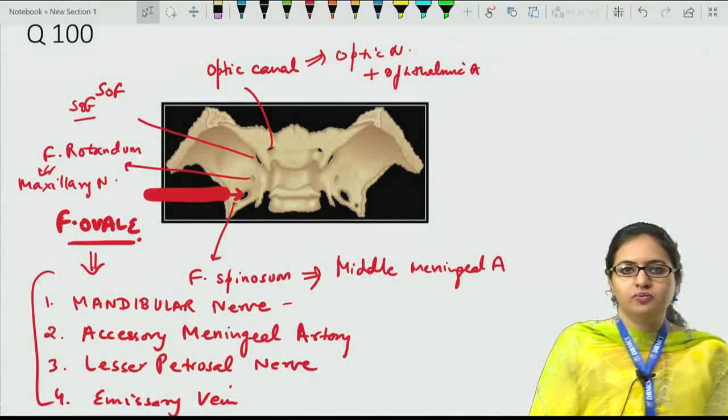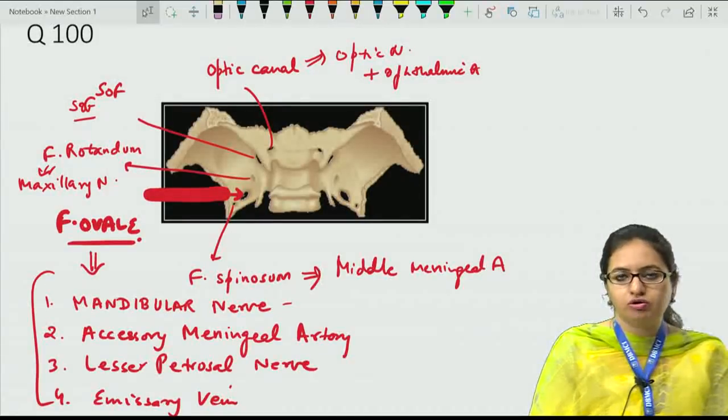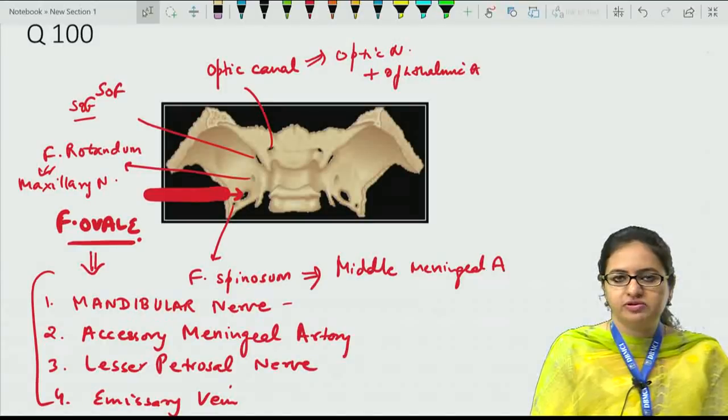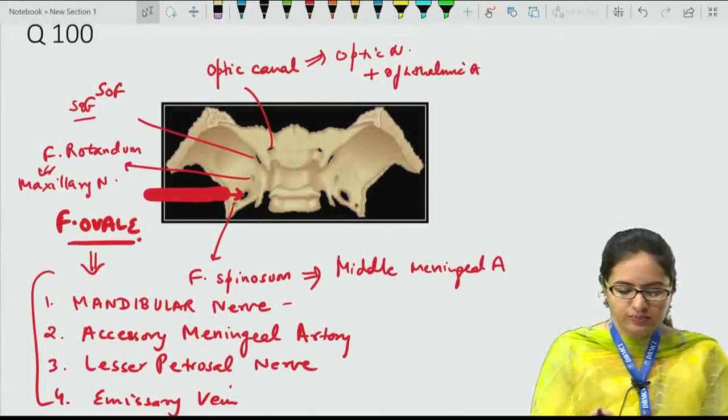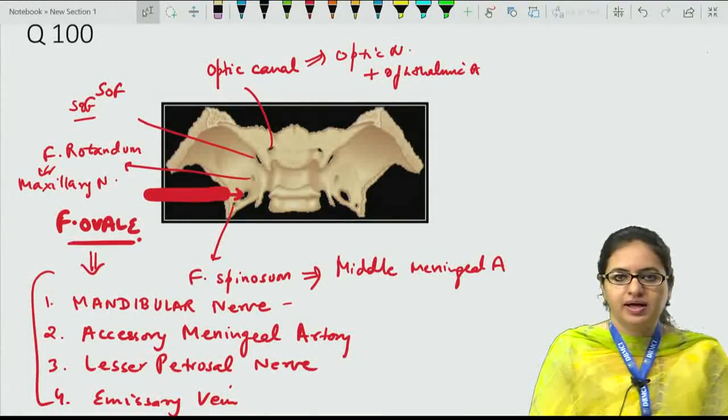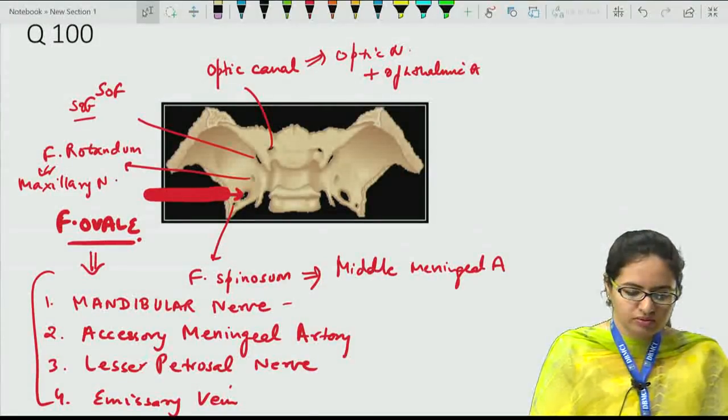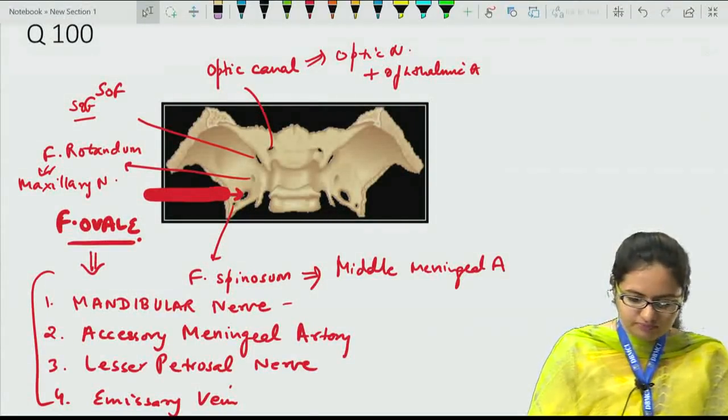Through the superior orbital fissure pass the oculomotor, trochlear and abducens nerves, as well as the ophthalmic division of the trigeminal. The ophthalmic division gives rise to the nasociliary, lacrimal and frontal nerves, which pass through the superior orbital fissure. Apart from this, the superior and inferior ophthalmic veins also pass through the superior orbital fissure.